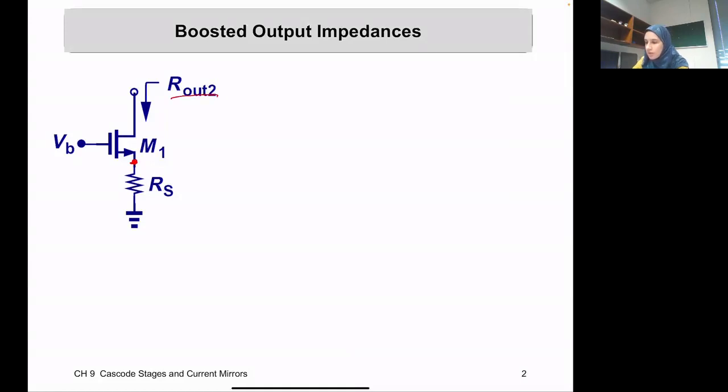We previously derived the impedance for R out 2. If you remember, it will be the same output impedance as for the case of common source with degeneration, when there was an RS degeneration.